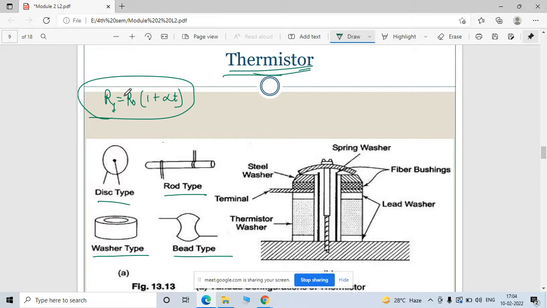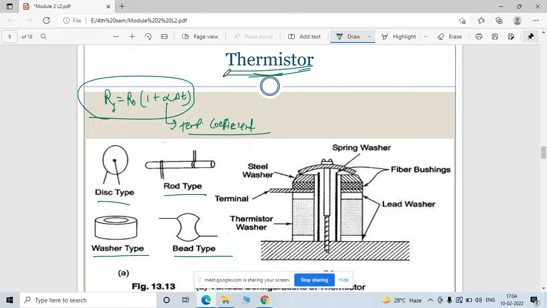You might have studied it in your first year or third semester in network theory. Here alpha is the temperature coefficient, and ΔT is the change in temperature.